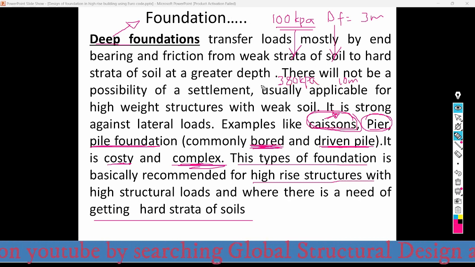So the structural load coming from the superstructure, suppose, is 300,000 kilonewton. So this much amount of superstructure load will not be resisted by the soil having 100 kilopascal.